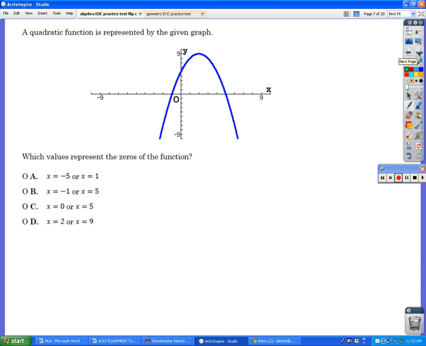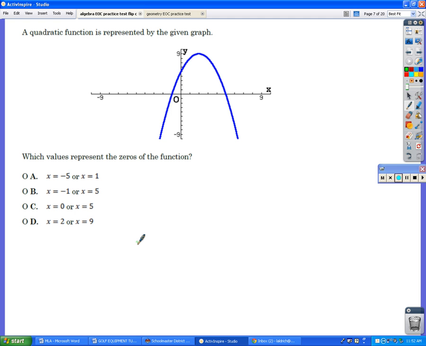If you got this wrong, that's just a question of vocabulary. It says a quadratic function is represented by the given graph. Which values represent the zeros of the function? What does that mean? I don't know. No idea? Okay. If you had to look at this graph and guess, one thing that you should notice is that there's 2 answers here.